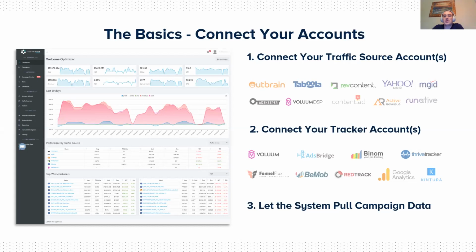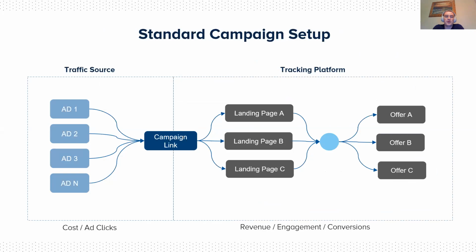Once you connect your accounts, it will take the system roughly 10 to 15 minutes to pull your campaign data, and you will be able to get your campaign data all aggregated in one dashboard. To get to the basics, the standard campaign setup, mostly on native, is divided into sides: we have the traffic source side and the tracking platform side.